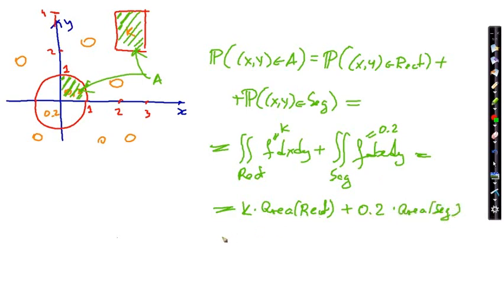So the area of the rectangle gives 2k plus 0.2 times the area of this segment, which is the fourth part, 1/4 times the area of the total circle, and this is 1/4 times pi. So plugging in the value of k will give the value of this probability, the probability that x and y are both positive.